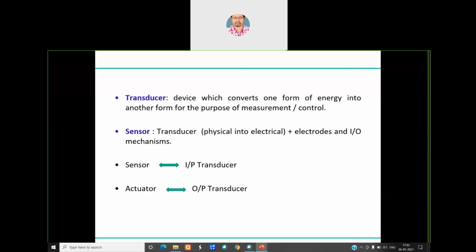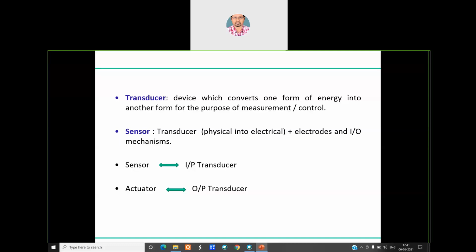Then you might also have heard about the actuator. What is an actuator? It is called the output transducer, or sometimes the inverse transducer. It is basically used to convert the electrical signal coming from a control system or automation platform into physical form, which may be pressure, temperature, displacement, acceleration, whatever you want.